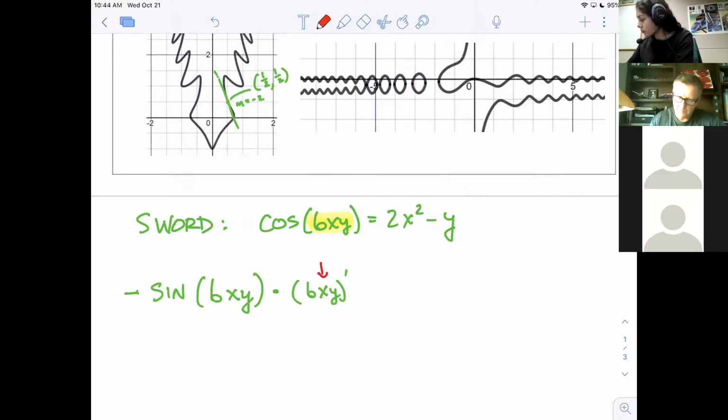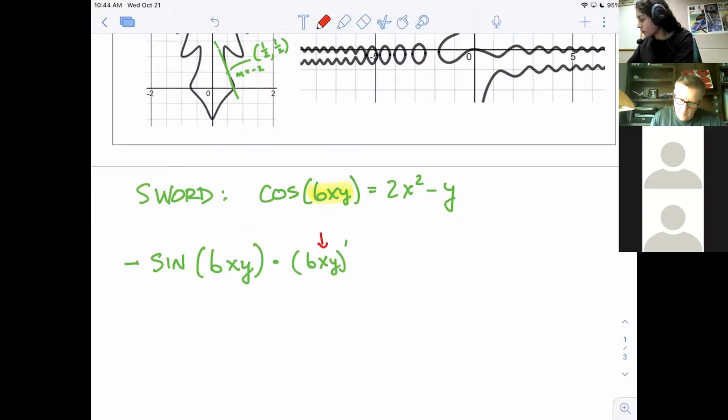Which one? Product rule. So that's almost like a whole separate side problem. So let's see, what's the derivative of that stuff? Well, I'm thinking of the multiplication sign is right there. Derivative of 6xy. The derivative of 6x is 6 times the y left alone plus the 6x left alone times the derivative of y.